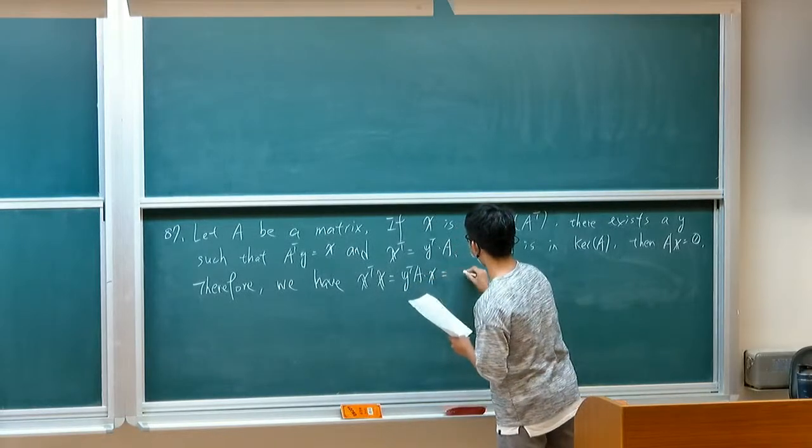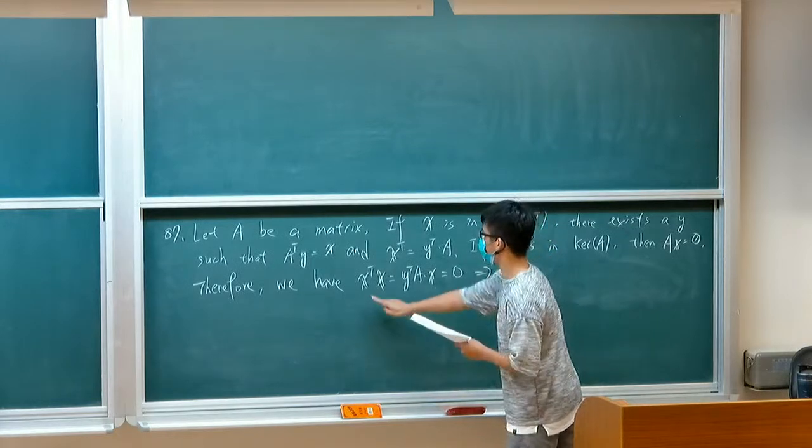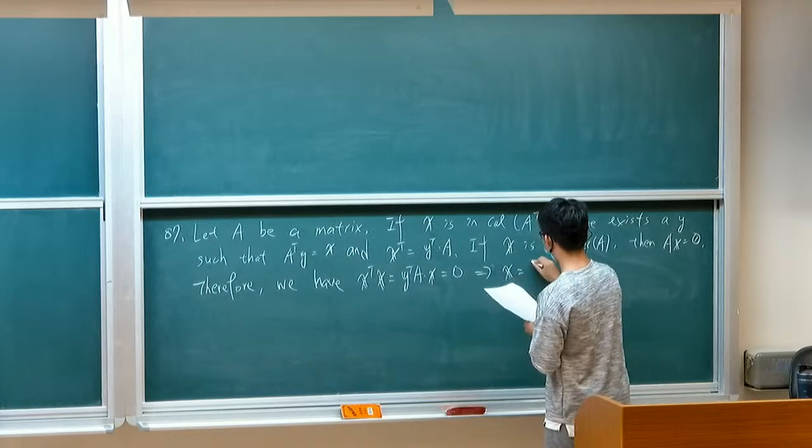So this is equal to 0, and this implies that X is a 0 vector.